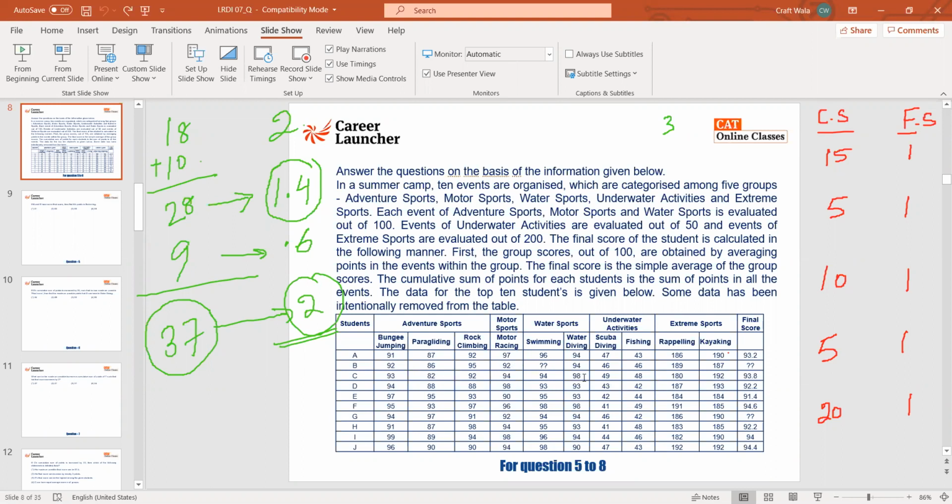If you see here, there's 180, 193. That means we want to make everything 98. Can you make everything 98? Now let's see. To make this 98, how many points do you need? 5 points. So I need a 5.